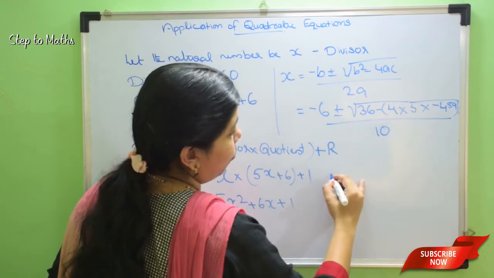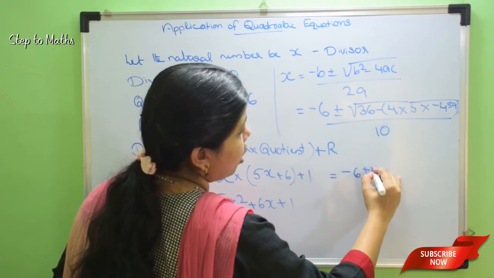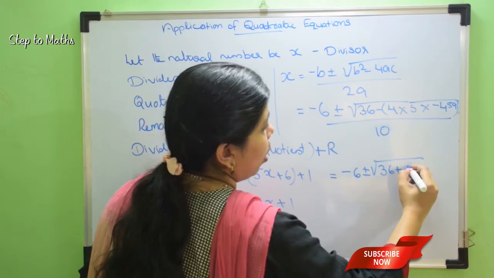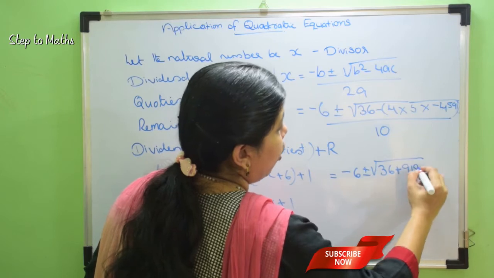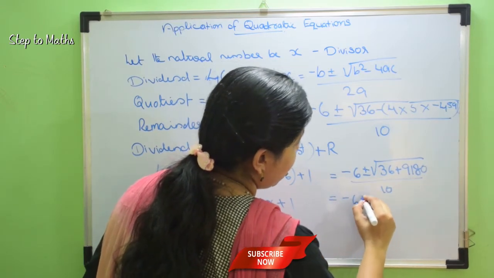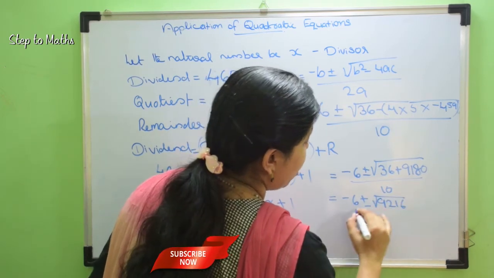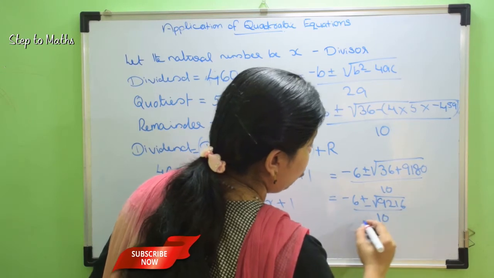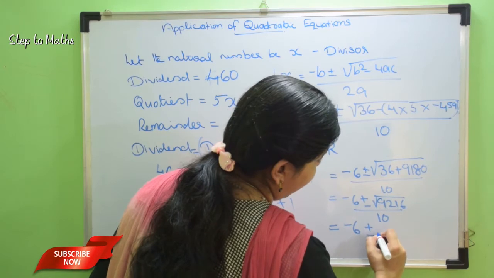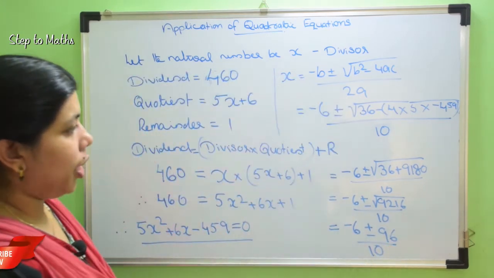Then solve this. Minus 6 plus or minus root of 36 plus 9180, by 10, that is minus 6 plus or minus root of 9216 by 10. The root of 9216 is 96, that is minus 6 plus or minus 96 by 10.